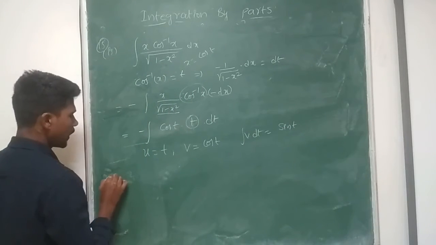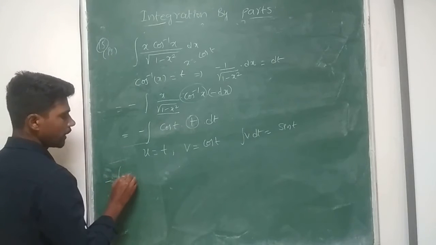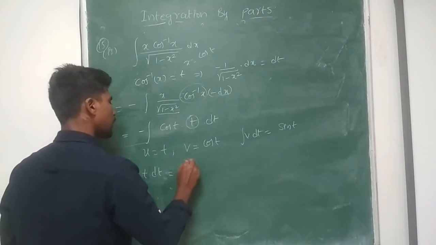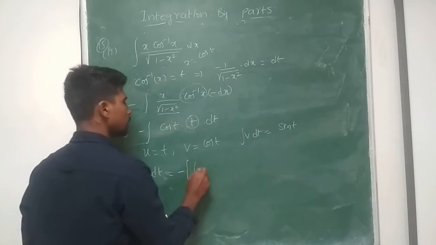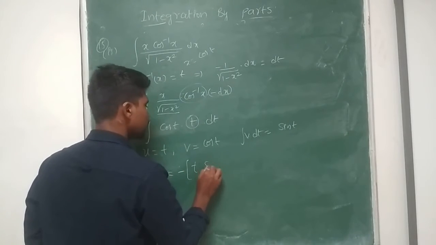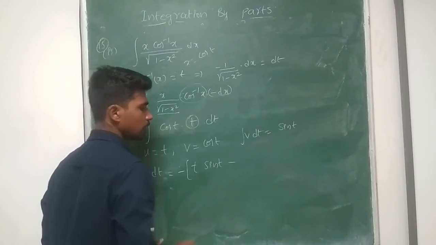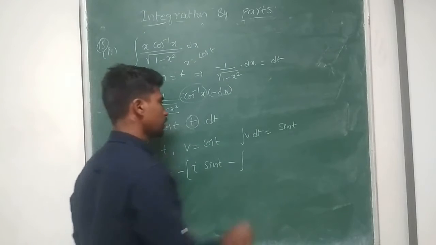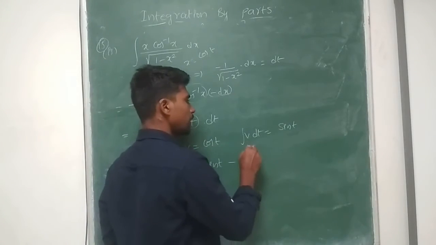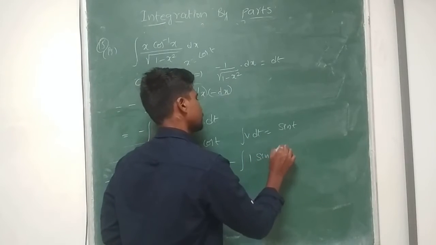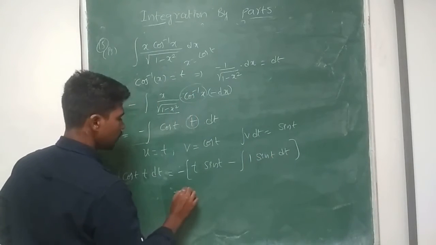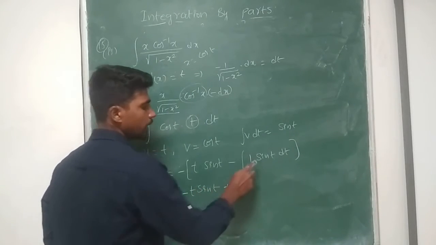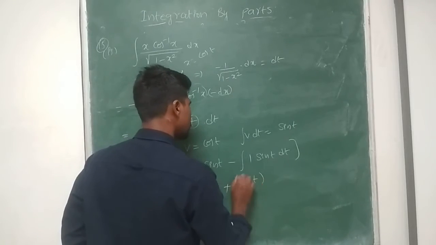Then minus of integral cos t into t dt is equal to minus of u times integral v dt, which is sin t, minus integral of du by dt, the derivative of t with respect to t, which is 1, into integral v dt, sin t. So minus t into sin t, minus into minus plus, integral sin t is minus cos t plus a constant.